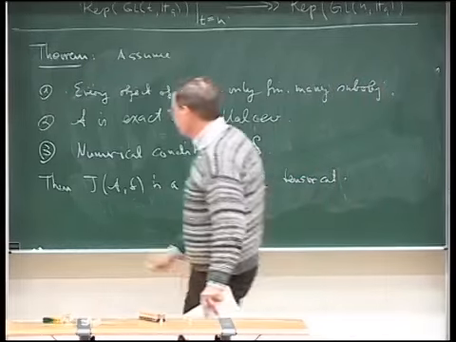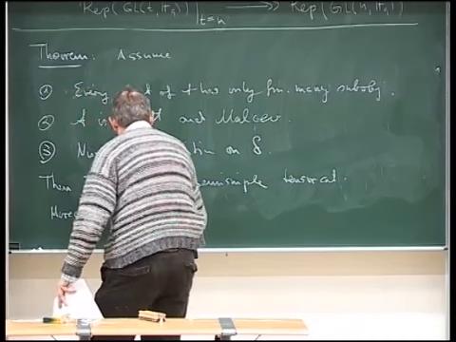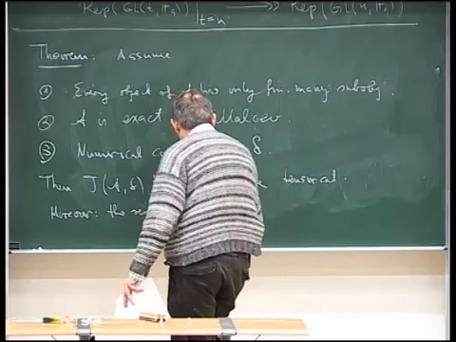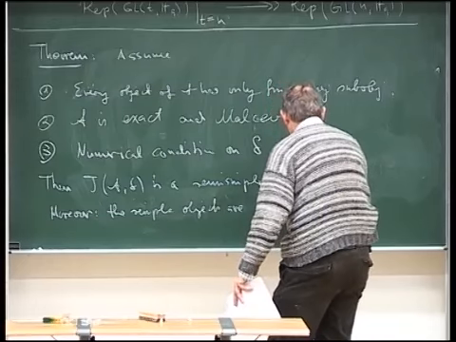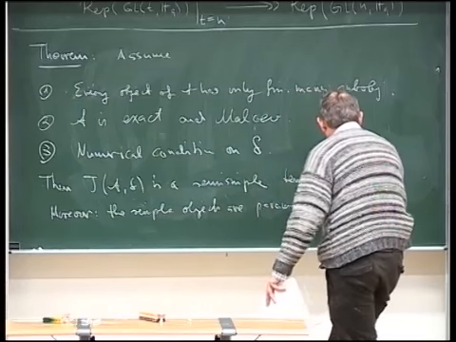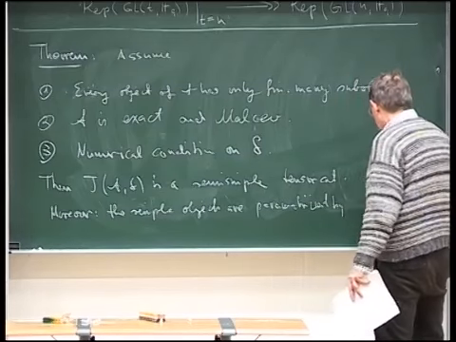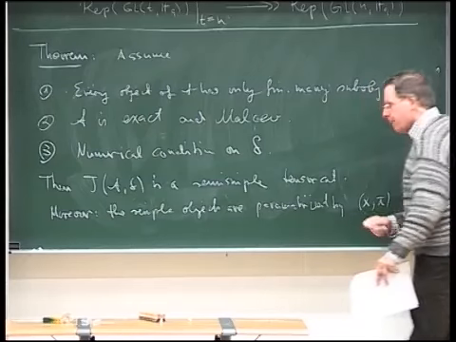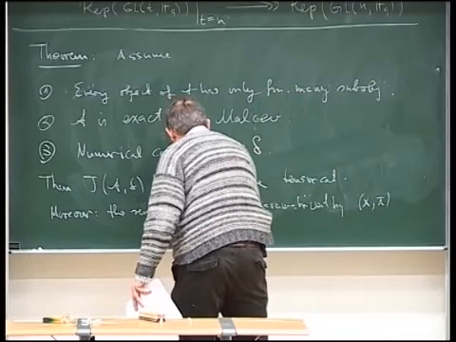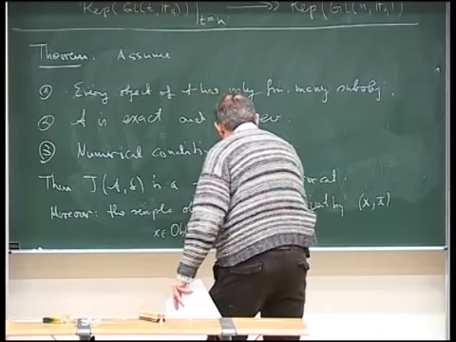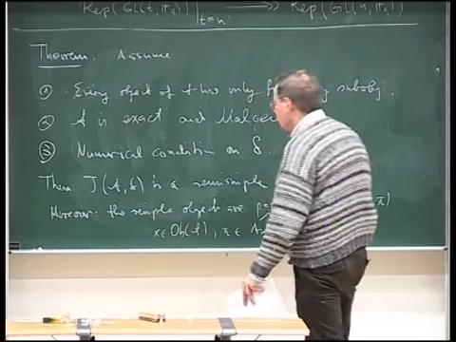Moreover, the simple objects are parametrized, my handwriting deteriorates, by pairs (X, pi), where X is any object of A and pi is an irreducible representation of the automorphism group of X.